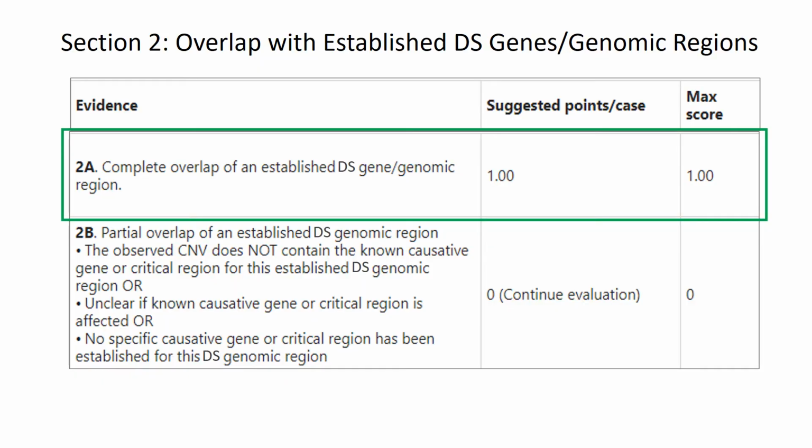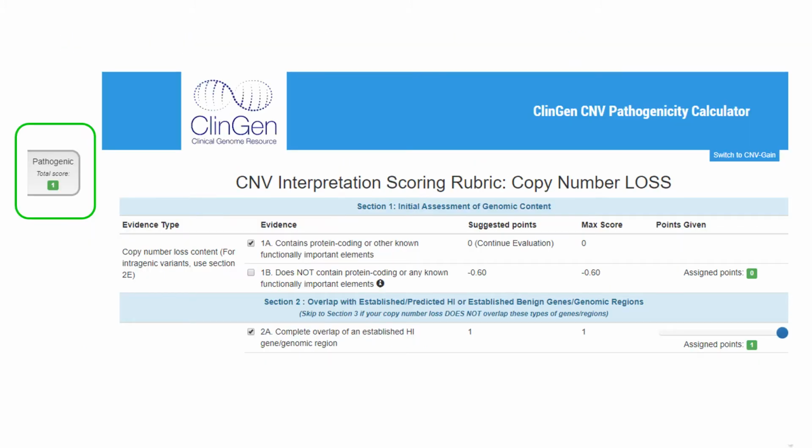And so coming back to the classification metric, in section 2A, we have identified an established haploinsufficient gene that is fully contained by our patient's deletion. Therefore, this deletion will receive the max score of 1 in the metric. If you're following along using the calculator, this is what you should see.